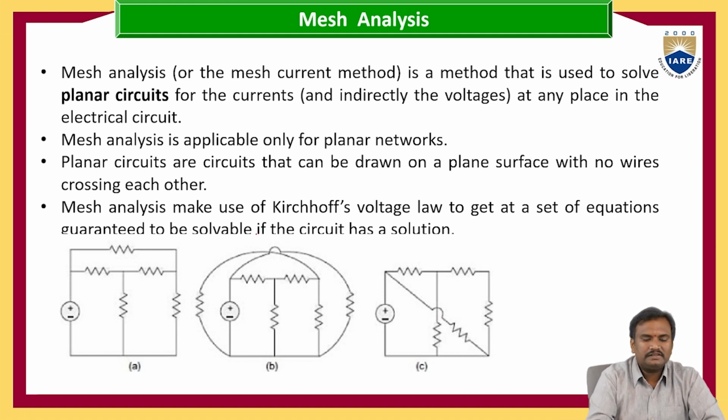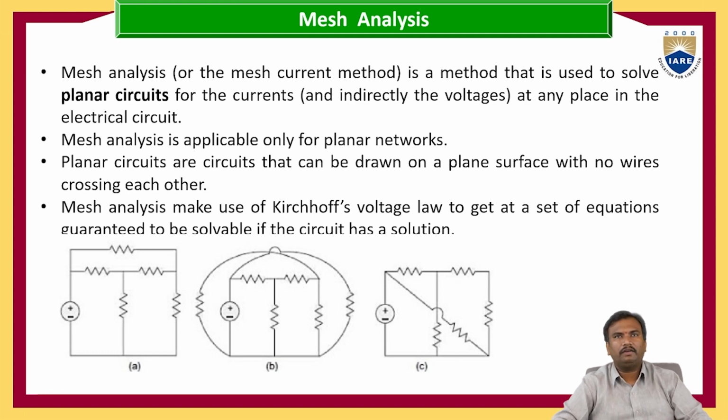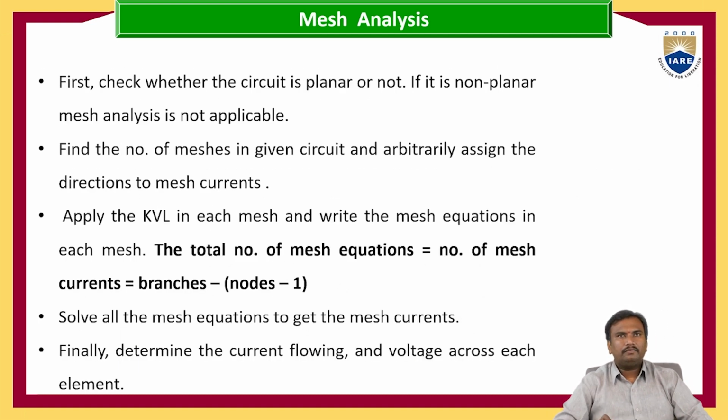Mesh analysis makes use of Kirchhoff's voltage law to get a set of equations from which we can get the solution for the given circuit. And for writing the KVLs, first we need to check how many meshes or loops are there in the given circuit.